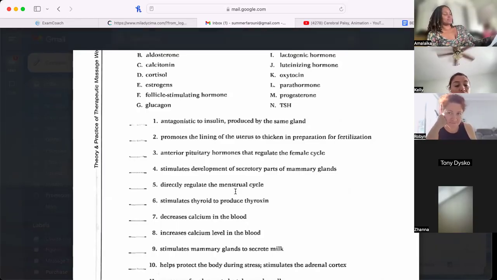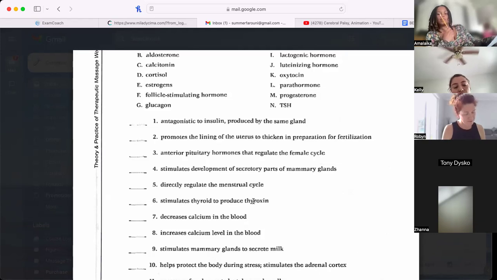So okay, number 9, stimulates thyroid to produce thyroxine. You can go to the thyroid box and look at what stimulates the production of thyroxine. What stimulates the thyroid?